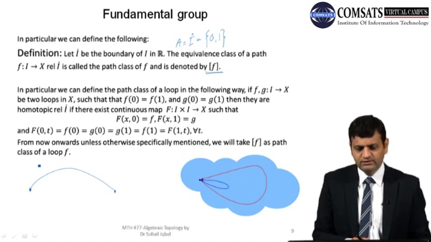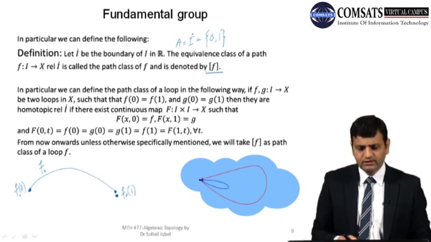It says that if I have a function, let's say f naught, and this is f naught of 0 and this is f naught of 1, then these two points are going to be fixed. So in other words, f naught is homotopic to another function f1 relative to I dot if the following situation happens.